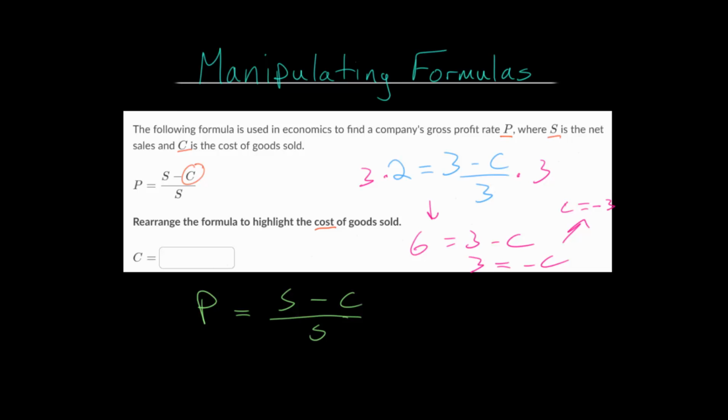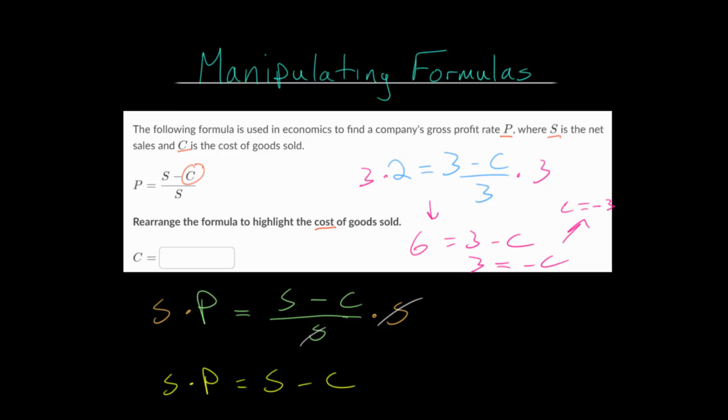We will apply that same technique, except in this case we have a variable in the denominator, so we can multiply each side by that variable. Since something divided by itself is equal to 1, S divided by S will just cancel out. So we get S multiplied by P is equal to S minus C.